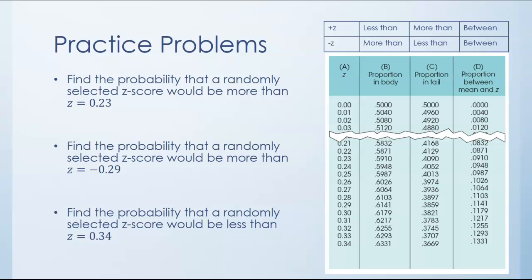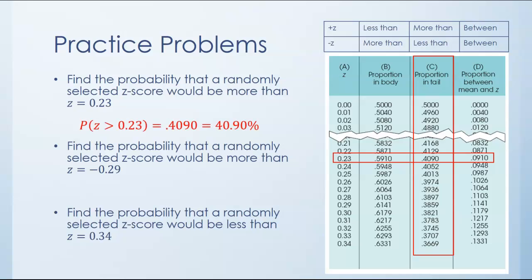So again, looking at the first one, we want the probability that a score is more than 0.23. So remember, we find 0.23 first in column A, and because we want more than, and this is a positive z-score, we're going to use column C. We find that the probability of being greater than 0.23 is 40.90%. All right, let's look at the next one.